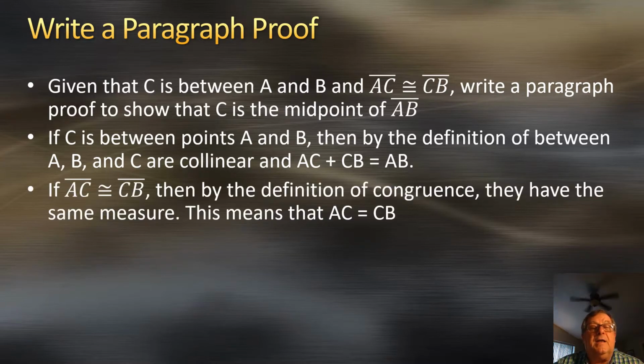Now, here's a second statement: if segment AC is congruent to CB, and notice how that's another part of the given, that's the and out here, by the definition of congruence, they have the same measure, which means that AC is equal to CB. So, here's a tip on proof statements.